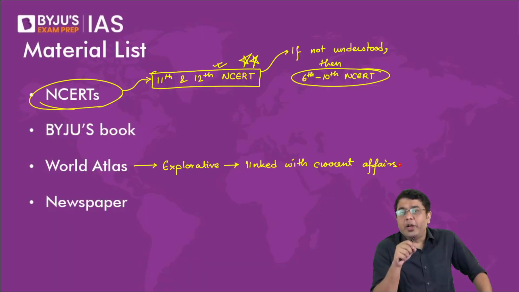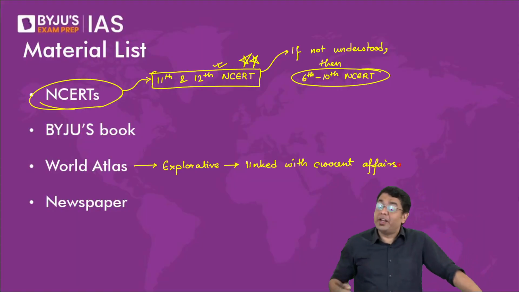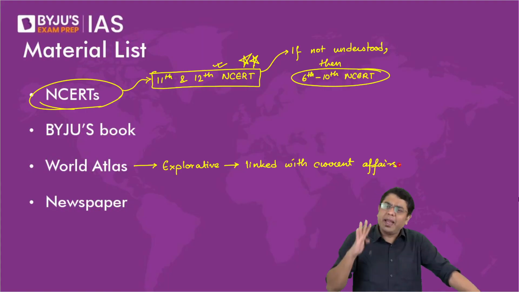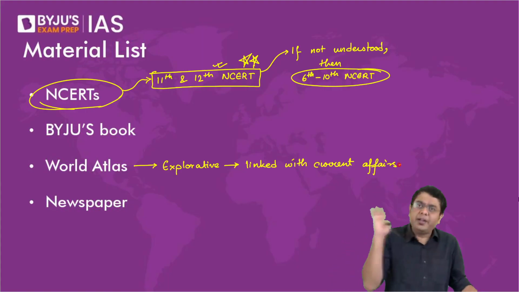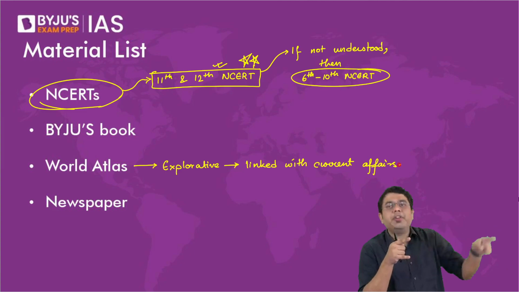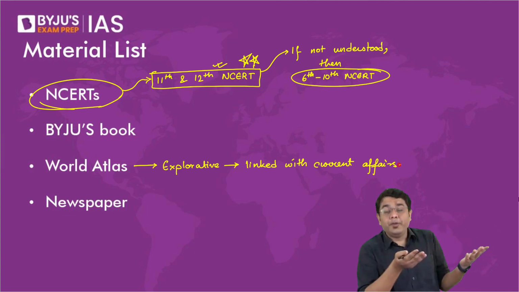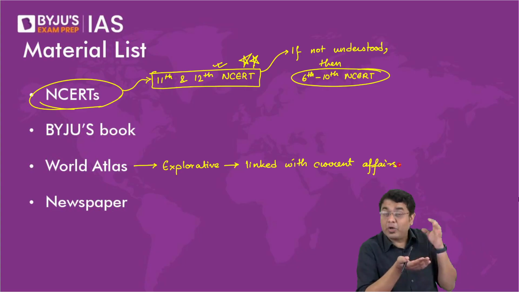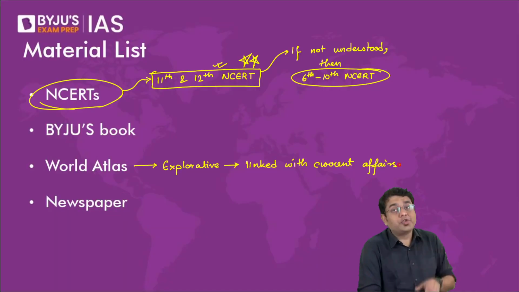Because of a disputed territory in between them, that is Nagorno-Karabakh, and that is an oil-rich area. Now, if you start following all the oil-rich regions of the world that UPSC might ask about, you will end up spending an endless amount of hours and you will not get any marks as well. But if you follow the portion of current affairs, look at the atlas, and cross-reference it with the atlas, immediately you will find that Nagorno-Karabakh has been in discussion. UPSC has asked that particular question this year in the prelims examination.